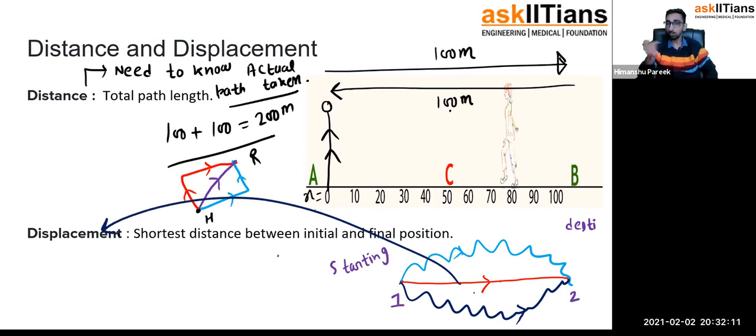To find out the distance, you need to know the path. Got my point? So just think about it. One question: suppose somebody is going from location 1 to location 2. Now if he or she wants to calculate how much fuel it would be costing, and I tell you the displacement is 30, would that be helpful for him?